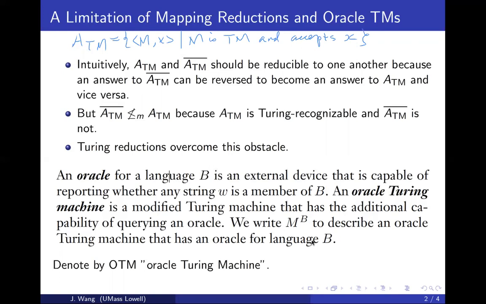So that's A sub Tm. And then the complement of A sub Tm will be the same type of instance, but now this m does not accept x.